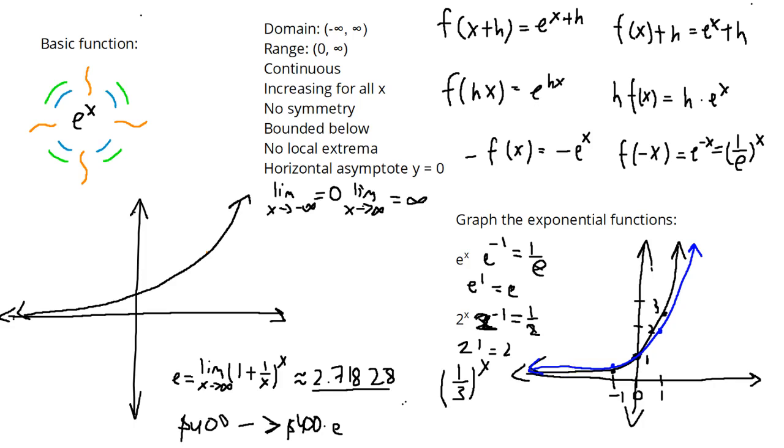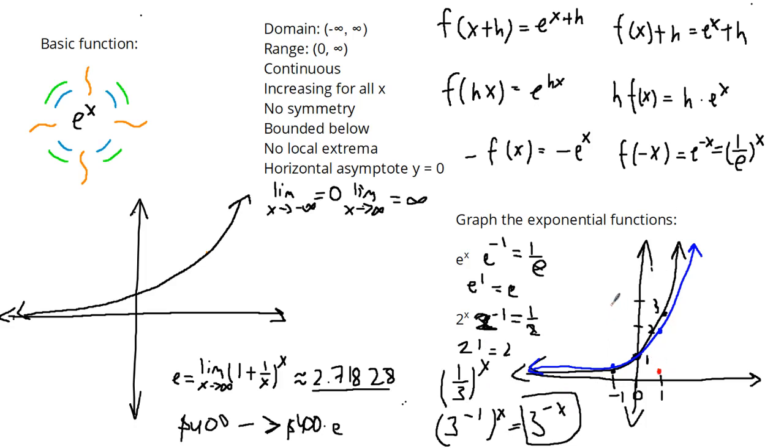What about (1/3) to the x? If you've noticed, this is 3 to the -1, to the x, which is 3 to the -x, right? So if you put 1 in there, you will have 1/3. When x equals 1, it's 1/3.